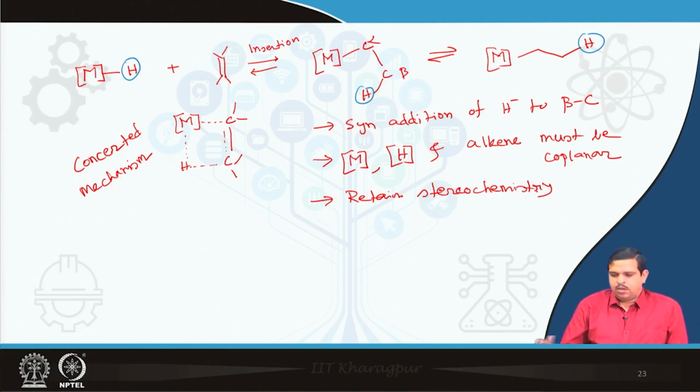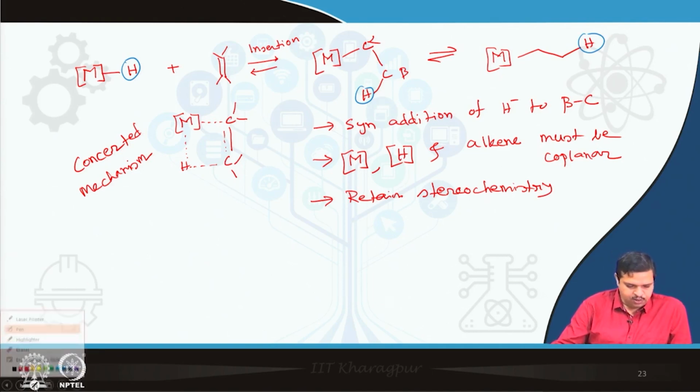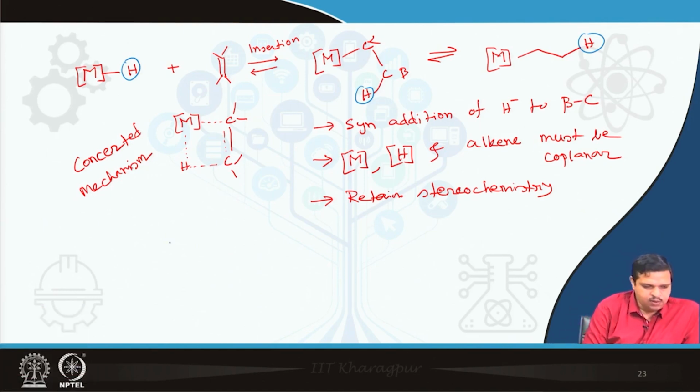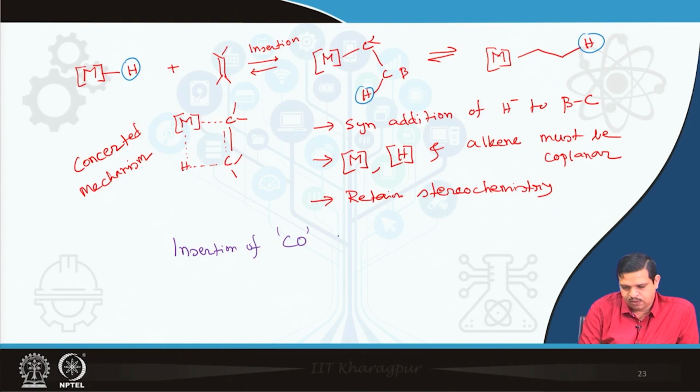So, in organometallic reactions, you will see that very common insertion reactions are the insertion of CO ligand in the metal carbon bond, and the insertion of alkene in the metal hydrogen bond.